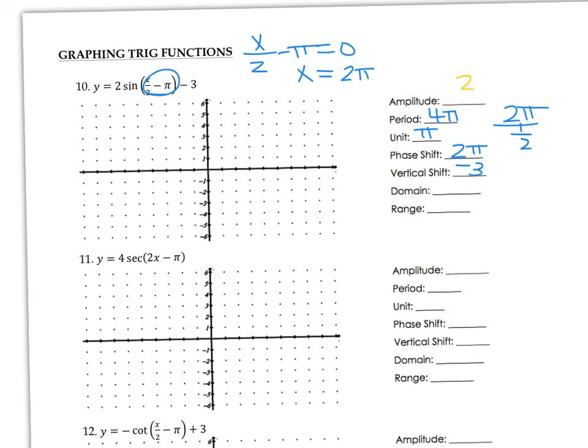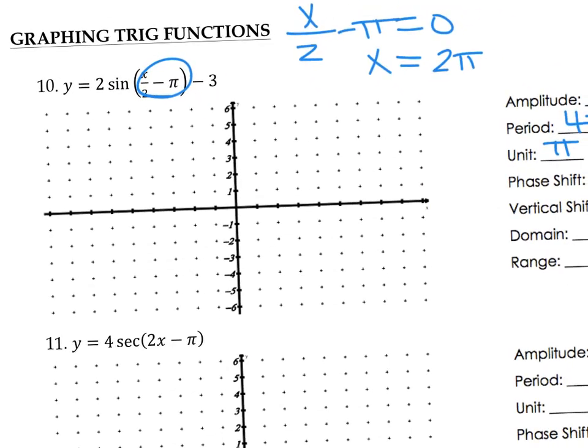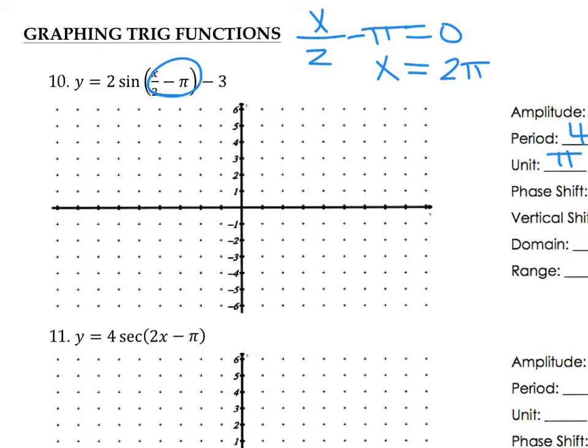So I'm going to label my units, and I'm going to zoom in so we can do this as nicely as possible. So this will be pi, 2 pi, 3 pi, 4 pi. Now I'm going to apply my phase shift and my vertical shift, which is over 2 pi, down 3.